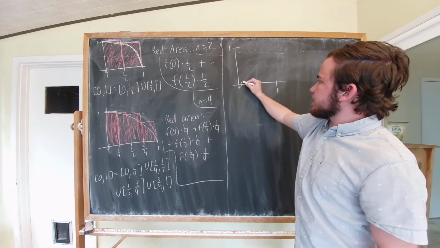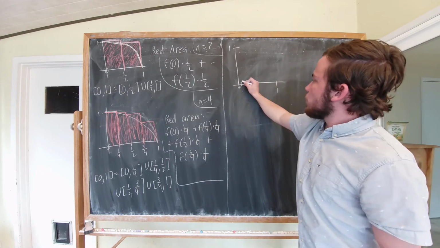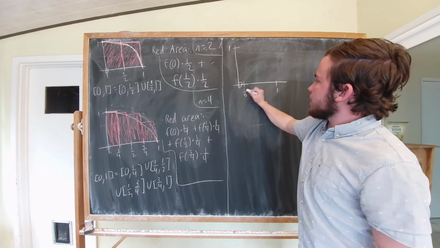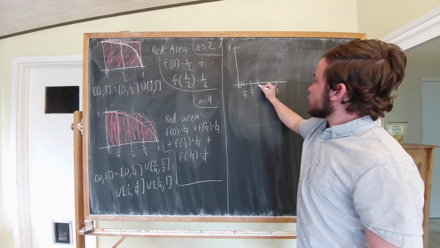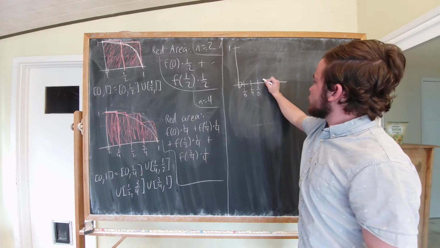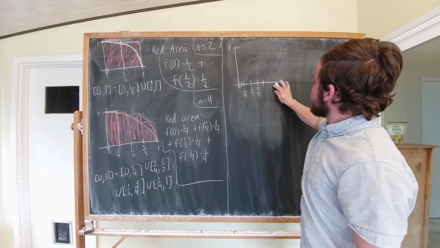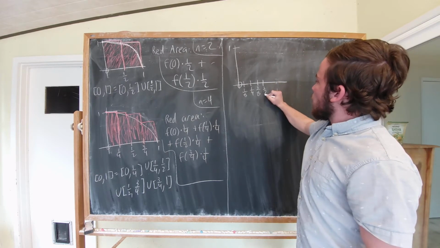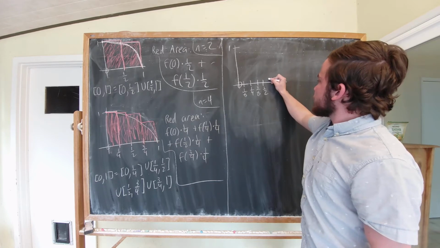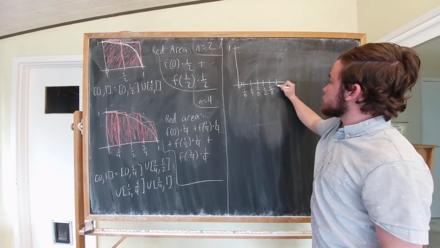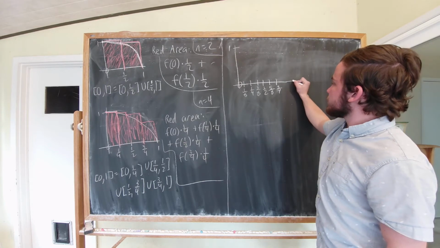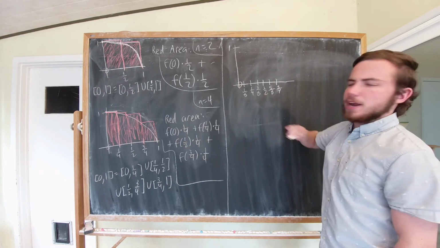Okay, if we subdivide into 8 rectangles, we'd have 1/8, 2/8, which is 1/4, 3/8, 1/2, 5/8, 6/8, which is 3/4. This is 4/8, which is 1/2.